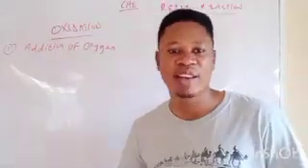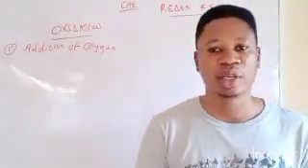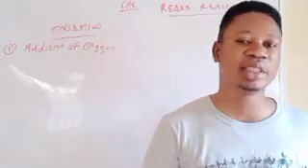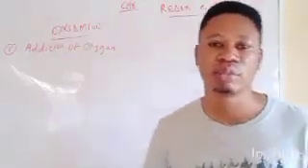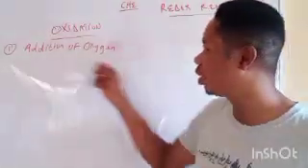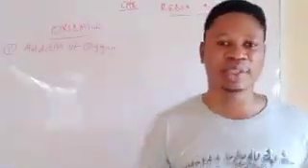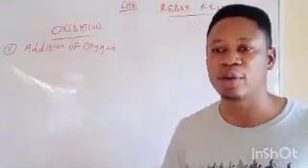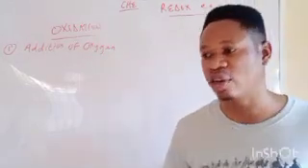So it means whenever an atom or element or a compound gains oxygen, such element is said to be oxidized. When there's a gain of oxygen or an addition of oxygen to an element or to a compound, such element or compound is said to be oxidized.